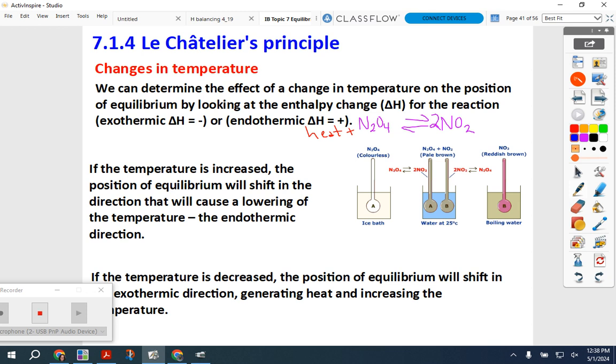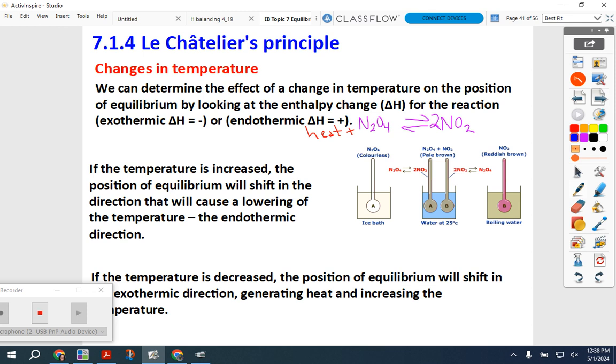The way I like to think about changes in temperature and Le Chatelier is I think about the heat being either a reactant or a product. Okay? So if we have an endothermic reaction that is absorbing heat, then we can write heat as a reactant because that is going into that forward equation.